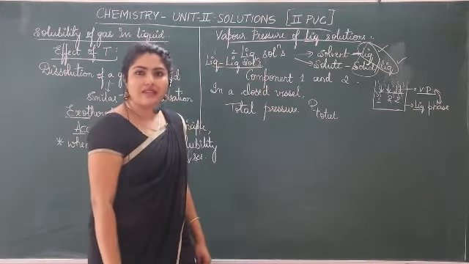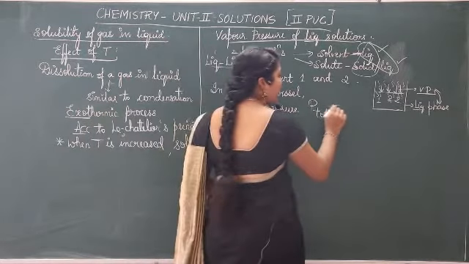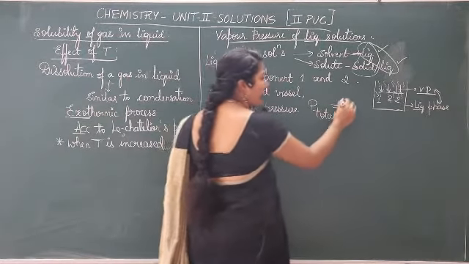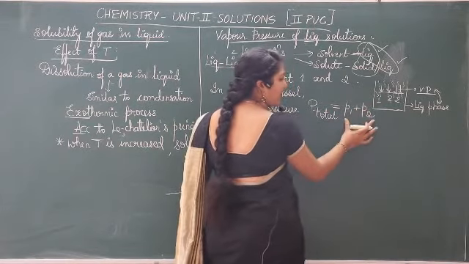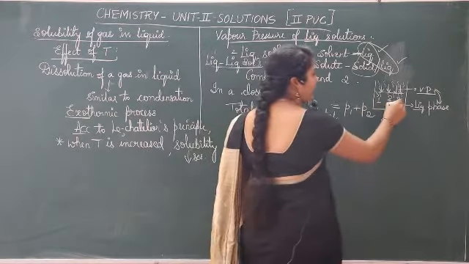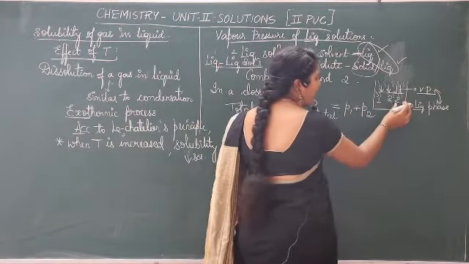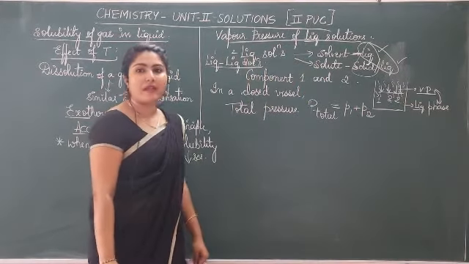Do you remember Dalton's law? Dalton's law of partial pressure states that total pressure will be the sum of the partial pressures of the components present in it. So here the partial pressure of component 1 is P1, the partial pressure of component 2 is P2, then P total becomes P1 plus P2.